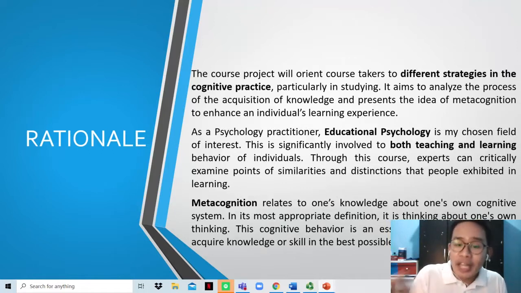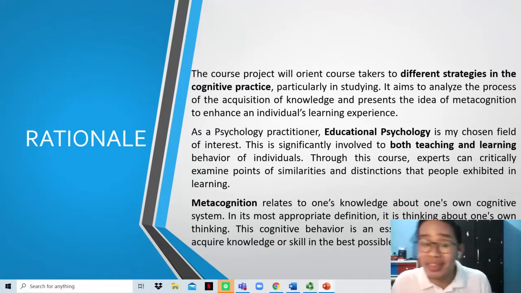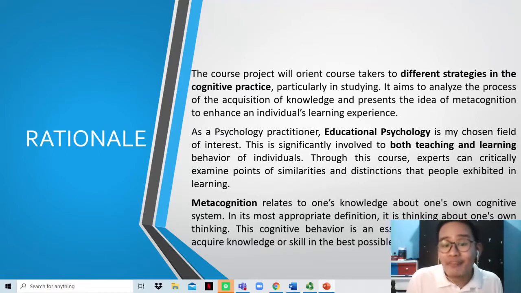So, metacognition relates to one's knowledge about one's own cognitive system. In its most appropriate definition, it is thinking about one's own thinking. This cognitive behavior, metacognition, is an essential skill for learning to acquire knowledge or skill in the best possible way.